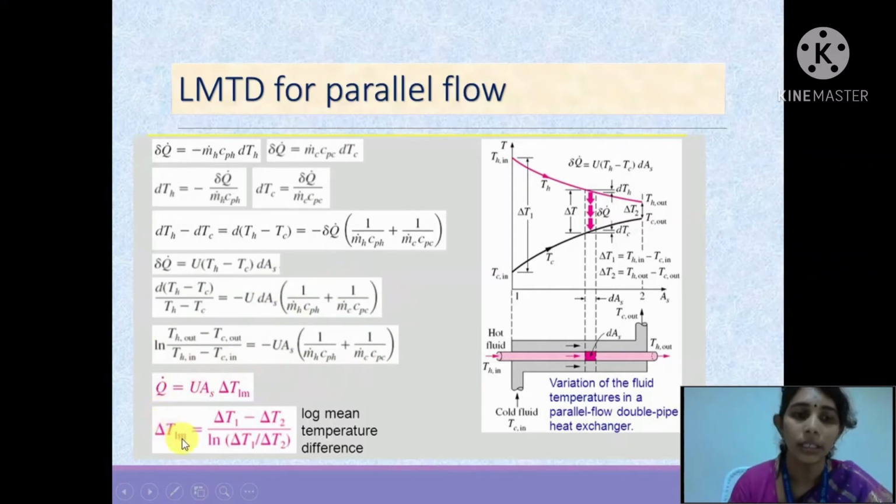So LMTD is nothing but delta T1 minus delta T2 divided by ln of delta T1 by delta T2, where this delta T1 is known to us and this delta T2 is also known to us. So we already know these four values. We can find this LMTD. Based on this, we can arrive at what type of heat exchanger is required.